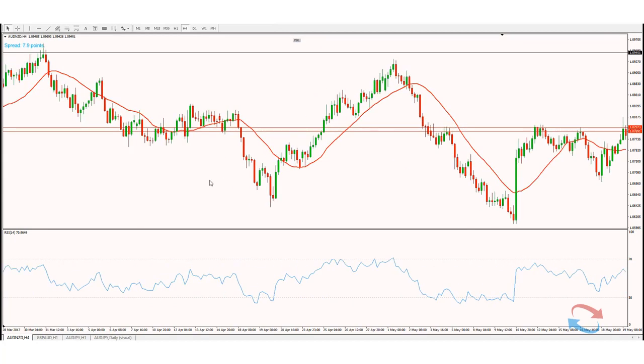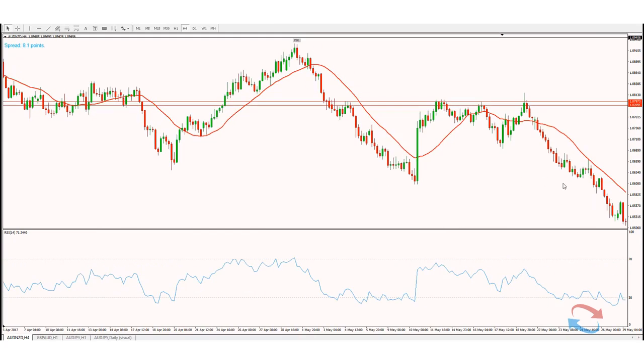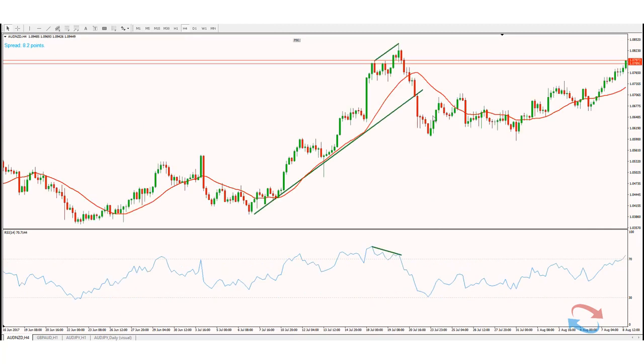And if we go further back, we see it using it as support. And finally, do we have our entry confirmation? The first entry is a reversal candlestick confirmation, which we have right here on this candle. And the second is right here as price closes below the 20 simple moving average.